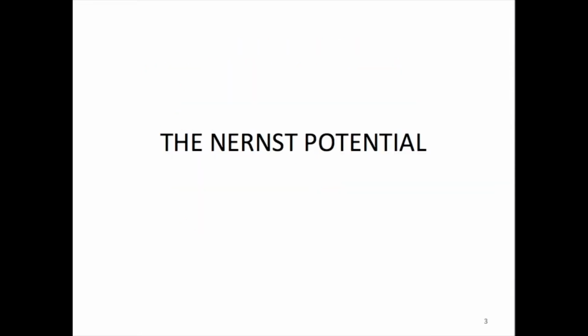So, what is Nernst potential? The diffusion potential level across a membrane that exactly opposes the net diffusion of a particular ion through the membrane is called Nernst potential.